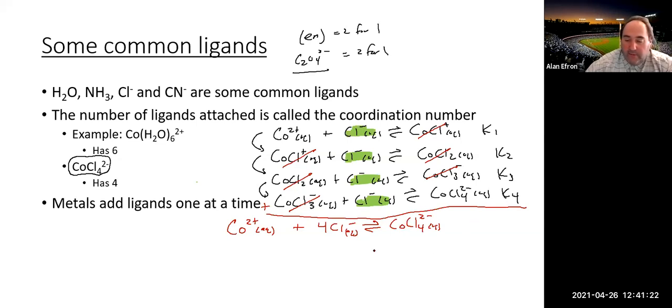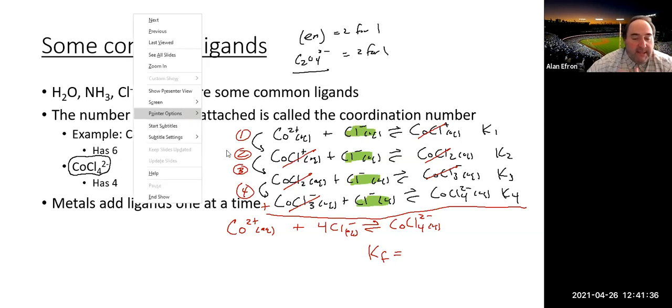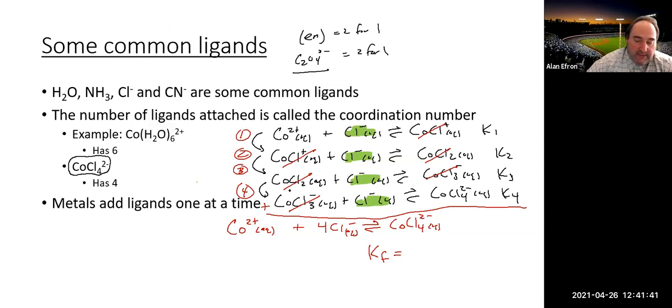So how would we get the Kf value for this if we were given these 4 steps that are occurring? Just like we talked about with regular equilibrium at the very beginning, when you add up individual equilibrium reactions and you want the K value for the overall reaction, remember, we don't add them, we actually multiply them.